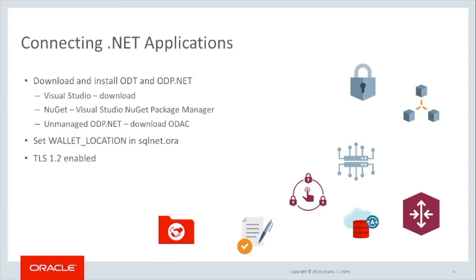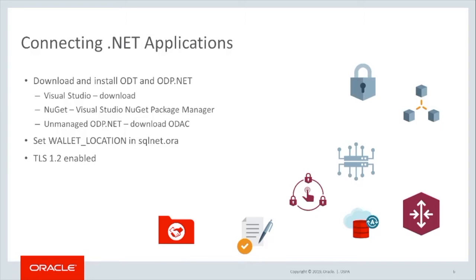.NET application requirements vary depending on how the application is deployed. If you're using Visual Studio, you will need to download and install ODT and managed ODP.NET files. If you're using NuGet, then you can use NuGet Package Manager to download and install the managed ODT and ODP.NET files.